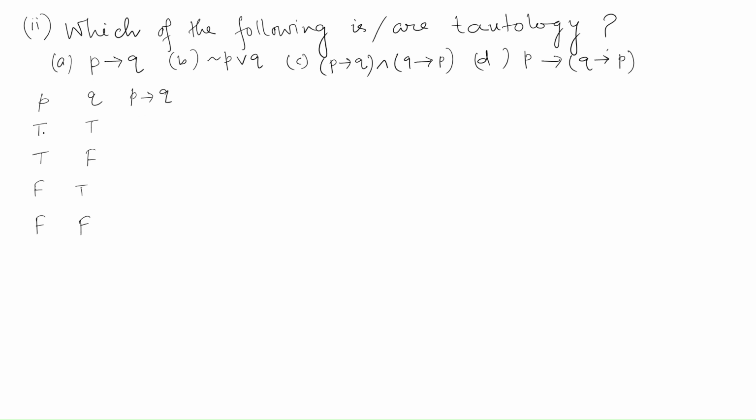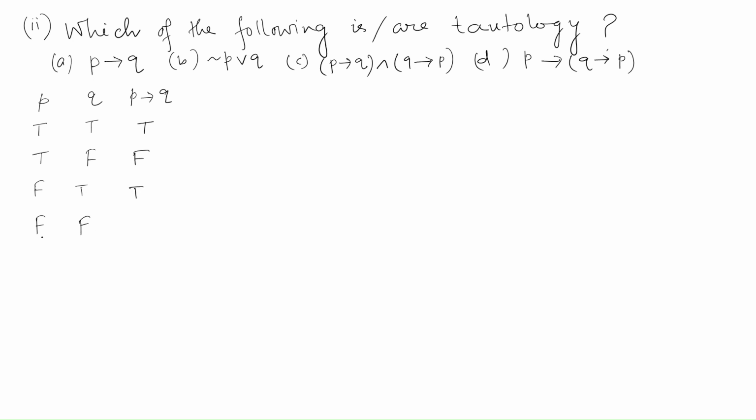If P is true, then Q is true, P imply Q is true. If P is true, Q is F, P imply Q is F. If P is F, Q is true, P imply Q is true.